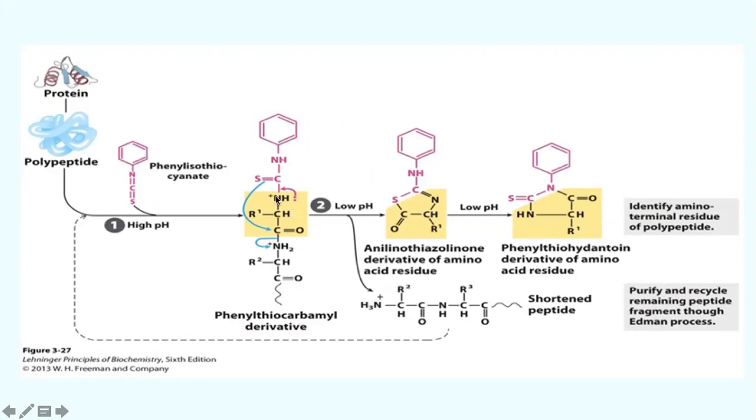Once this is done, you go for a low pH treatment where this cleaves the derivative at the first position, freeing the first amino acid, leaving behind the smaller chain. This smaller chain can again go back, react with the Edman reagent, and the reaction continues till the last amino acid is fed into the chromatography system. So purifying and recycling the remaining peptide fragment can be done through the Edman process.